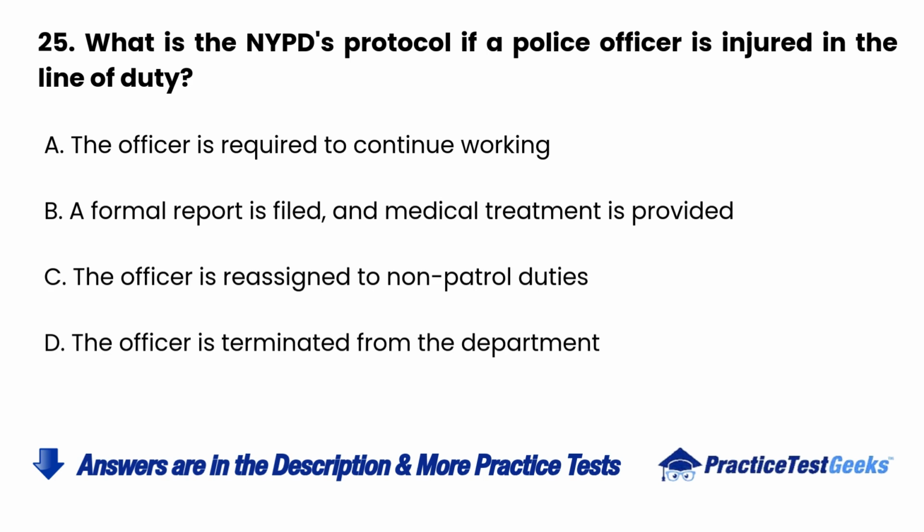What is the NYPD's protocol if a police officer is injured in the line of duty? A. The officer is required to continue working. B. A formal report is filed, and medical treatment is provided. C. The officer is reassigned to non-patrol duties. D. The officer is terminated from the department.